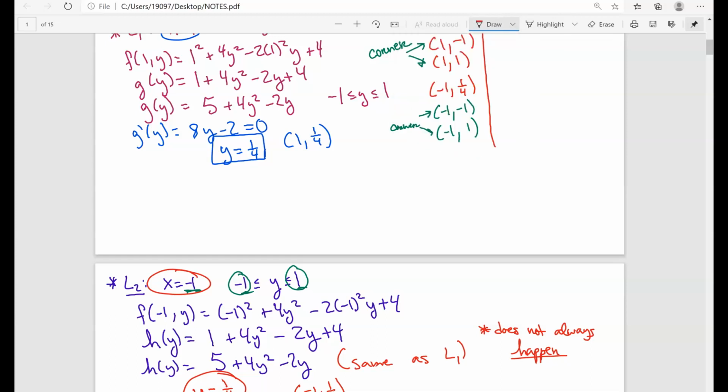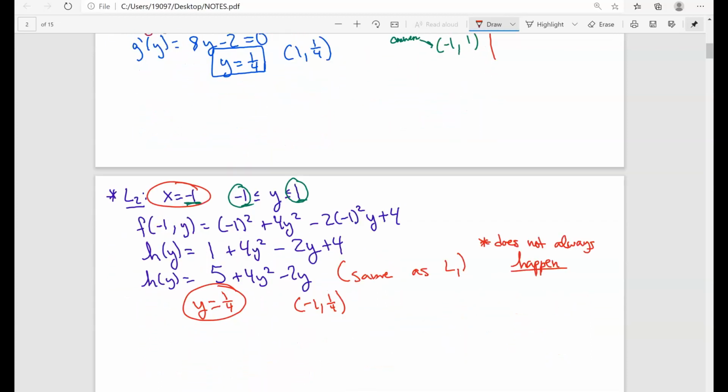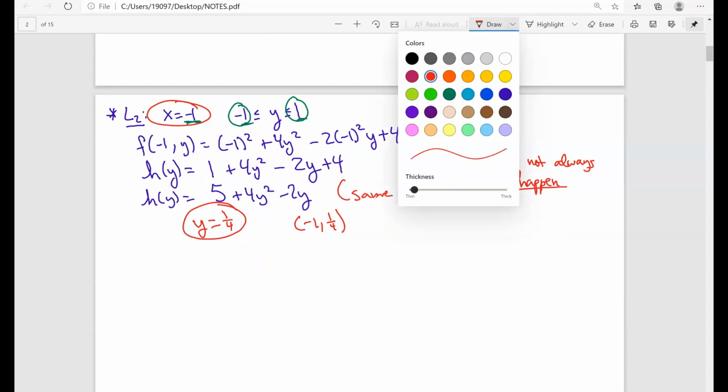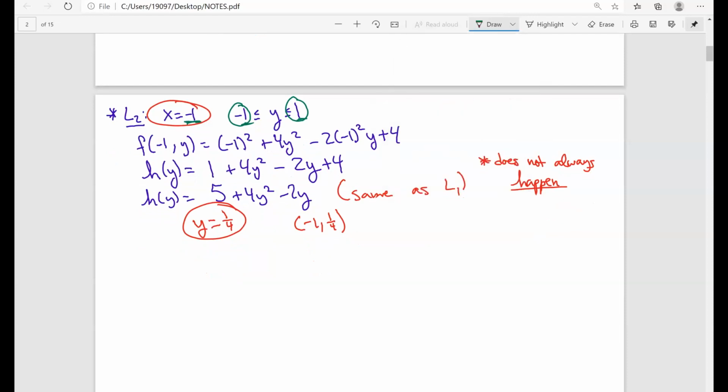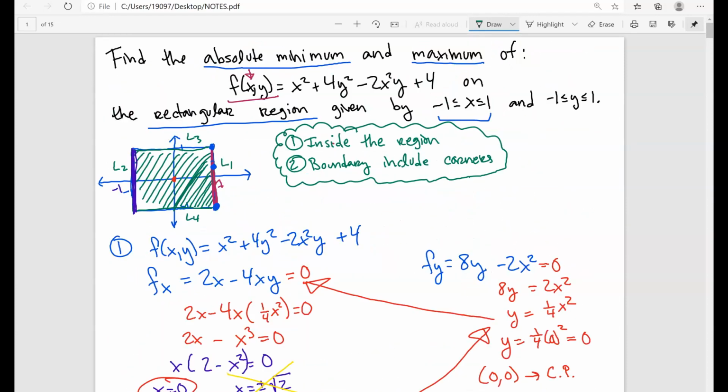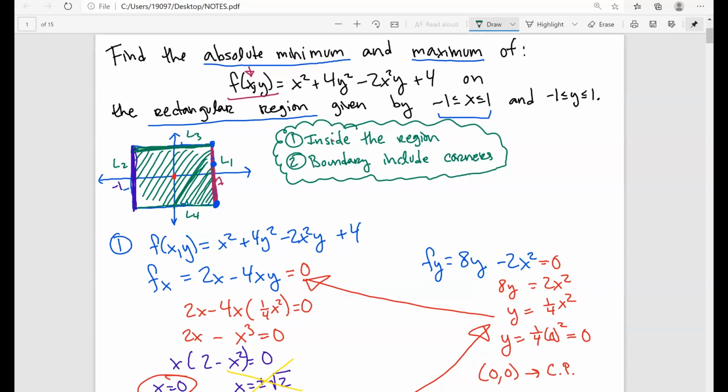And this guy was just because it was on the boundary. Now we're going to do L3. So we're going to go back all the way up and find out what exactly is going on at L3.